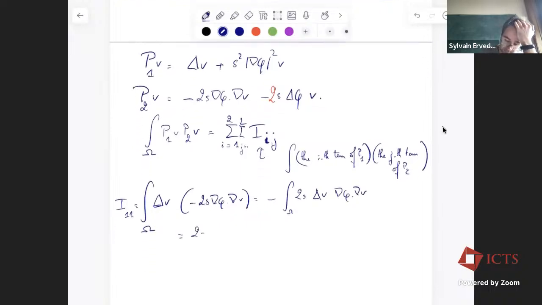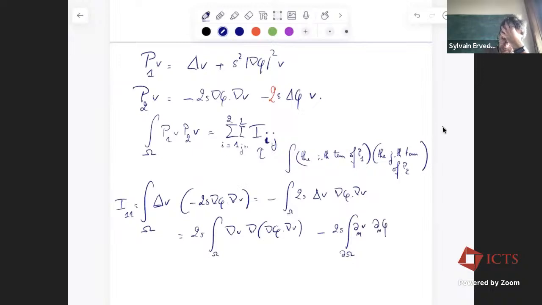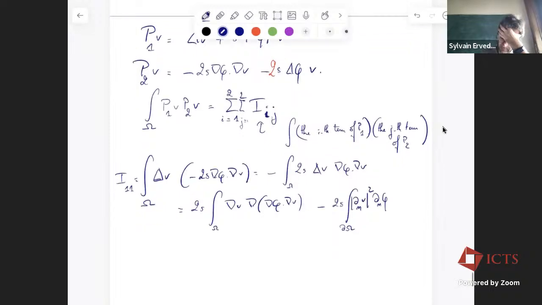You have 2s gradient of V gradient of phi gradient of V. And there's a boundary term. On the boundary, since I have Dirichlet boundary condition, everything is normal. So this is dnV times dn phi dnV. So this is dnV square, since V on the boundary equals 0.